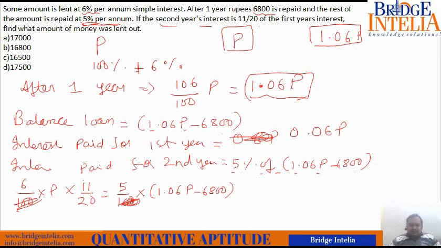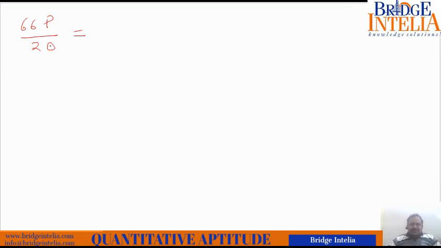66P divided by 20 is equal to 5 multiplied by 1.06P minus 6,800. So let's see. 66 and 20 can still be cancelled. Both are multiples of 2.